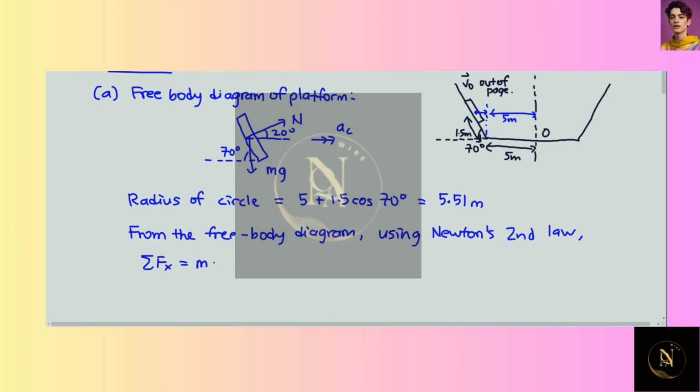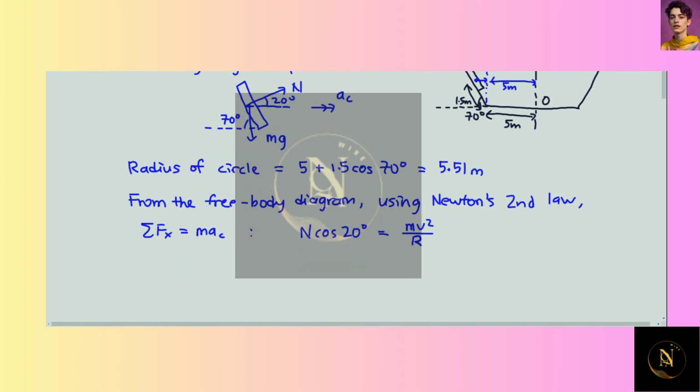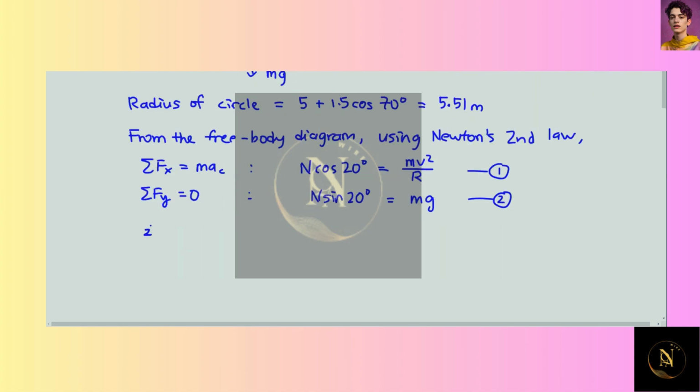So we have N cosine 20 degrees equals mv squared over r, and the summation of forces along y is equal to 0. This gives us N sine 20 degrees equals mg. So what we can do is equation 2 divided by 1. Then we get tangent 20 degrees equals gr over v squared.